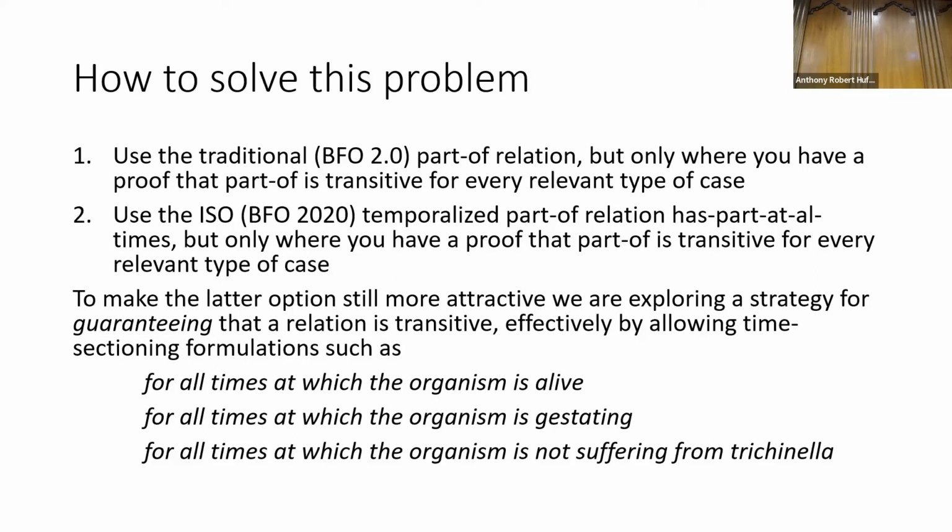And these are just some ways of doing it, illustrations. We're experimenting with other ways. So the temporalized relations do not have to be just at all times and at some times. They can be any kind of time restriction on the relation. And as I say, it's relatively rare. It's very hard to come up with examples where you do have the problems. But logically speaking, it's possible. And we know that there are actual cases where it could arise.